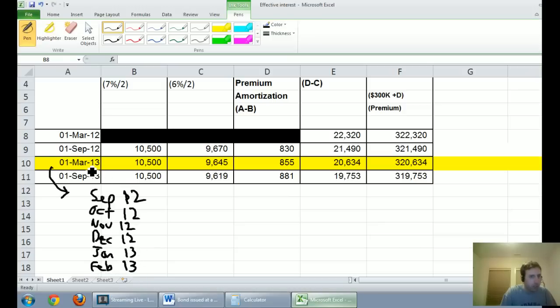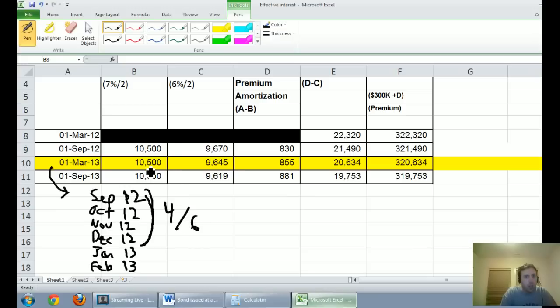We don't count March because March 1st is the beginning of March. So up to December 31st, we're interested in 4 of the 6 months on the line. It's semi-annual interest, 6 months worth of data, but we're only interested in 4 of the 6 months.